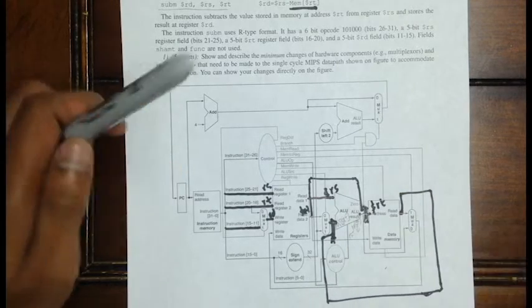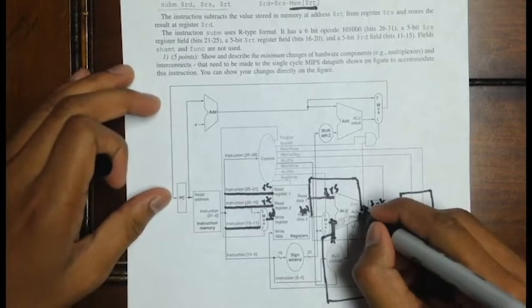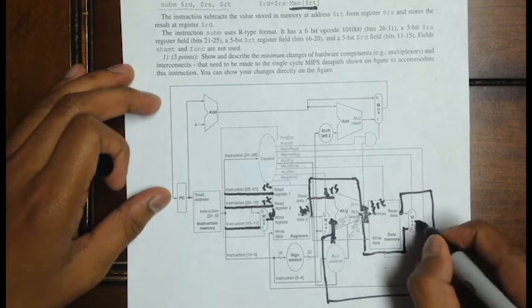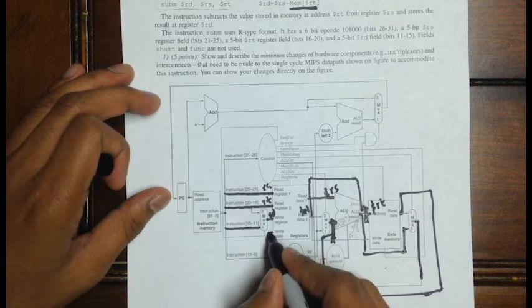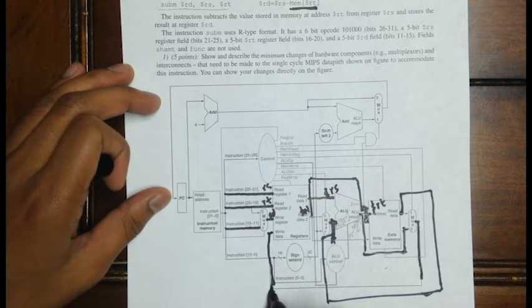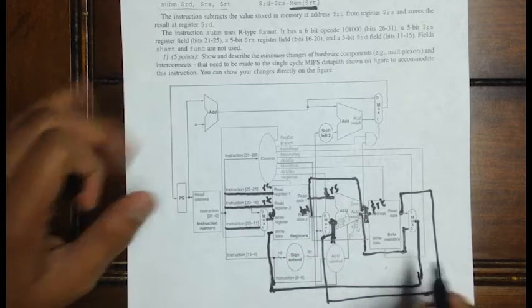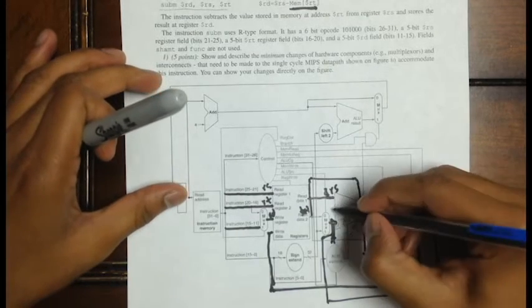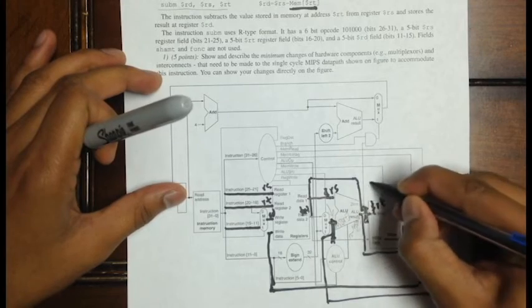So we have the ALU result here, which we're going to send into our register destination, that is RD. So notice that we have added two multiplexers.